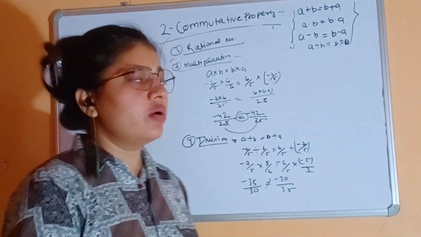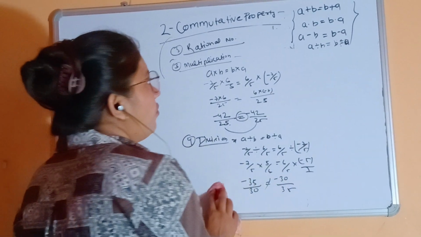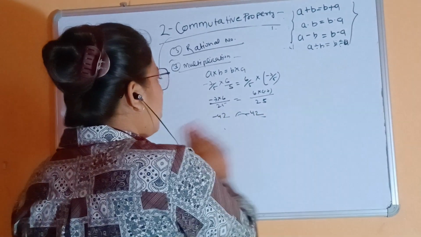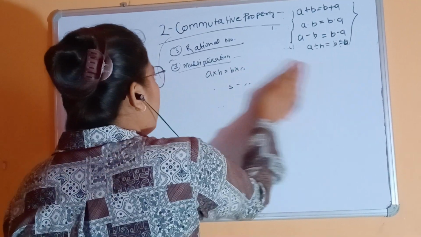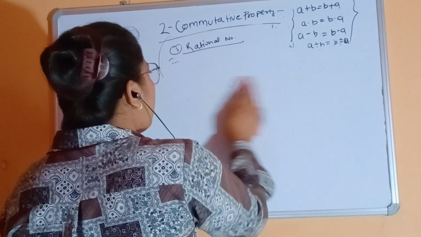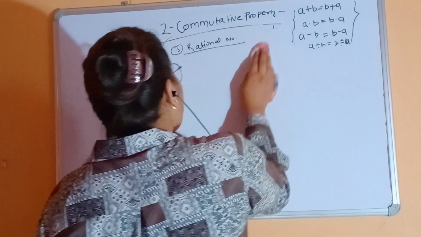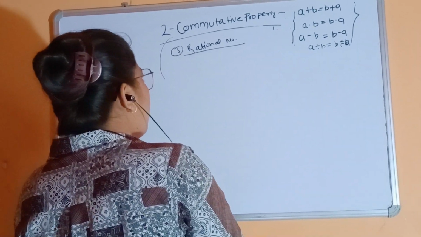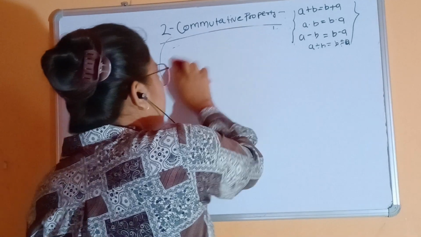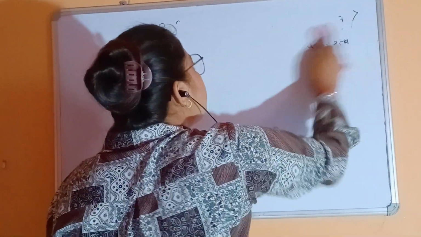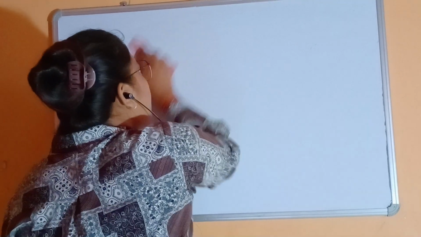Associative property is very important. Okay, the last property is the associative property.